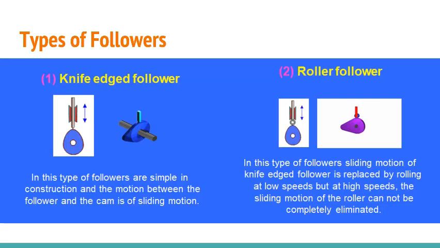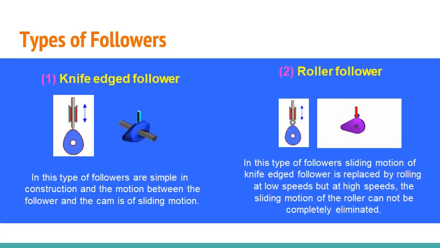Then knife edge follower, this is having a small point of contact. The point of contact is generated either by means of knife edges or some other means of needle conditions. Then in the case of roller follower, the rolling motion of a roller is connected with the follower edge.